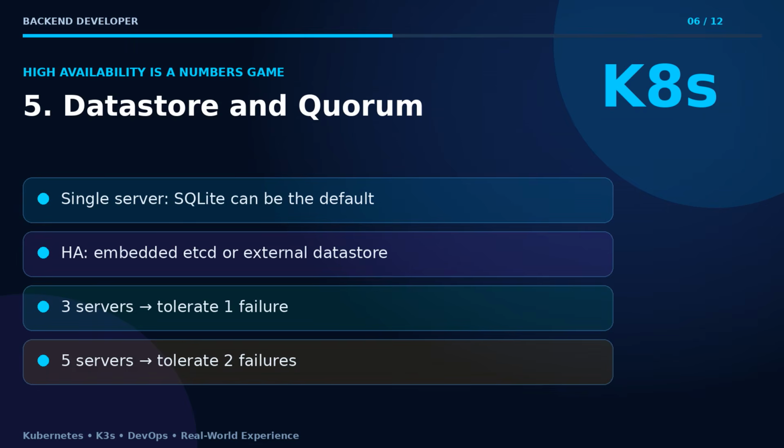High availability with embedded etcd requires at least 3 server nodes and follows quorum rules. The server count is normally odd. 3 servers tolerate the loss of 1 server, 5 servers tolerate the loss of 2. Disk latency is critical here. Slow storage can damage etcd performance and overall cluster stability.